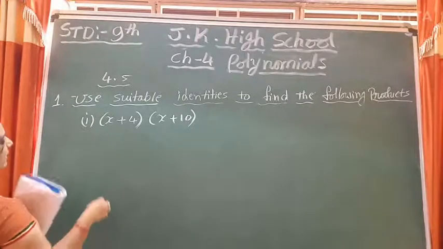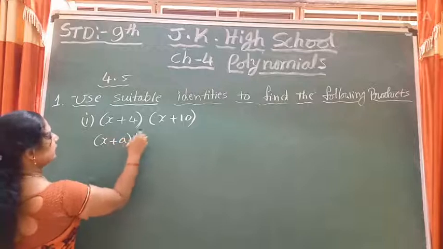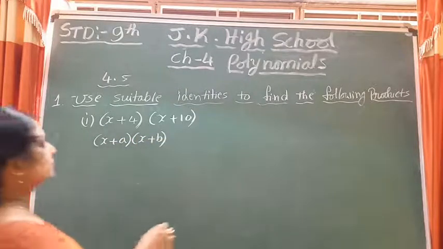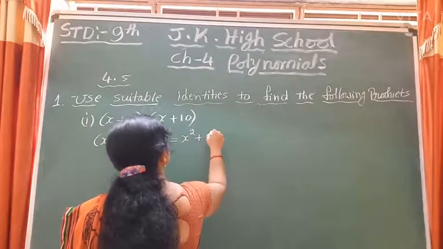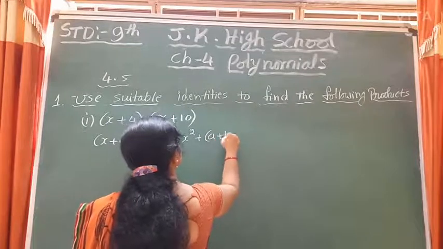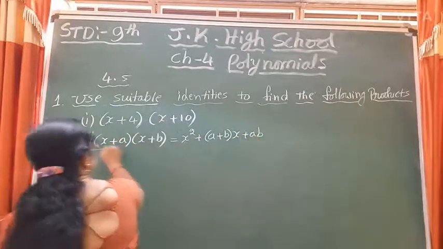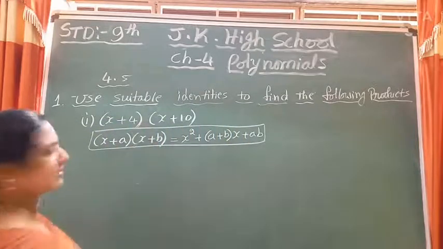It is according to the identity x plus a into x plus b is equal to what? You already know it now. You can write the identity x square plus a plus b into x plus ab. This is one of the identities. We have to use this identity for this pattern of question.